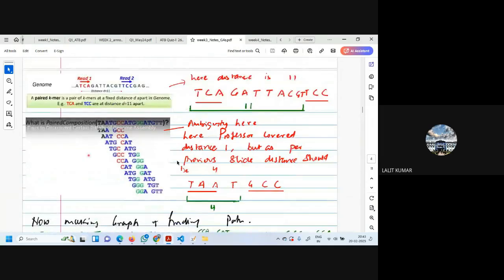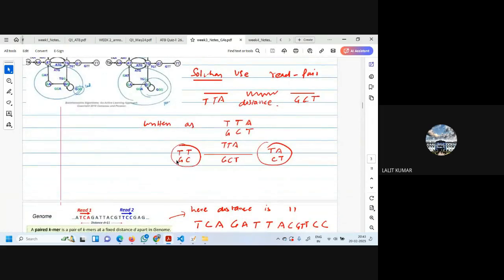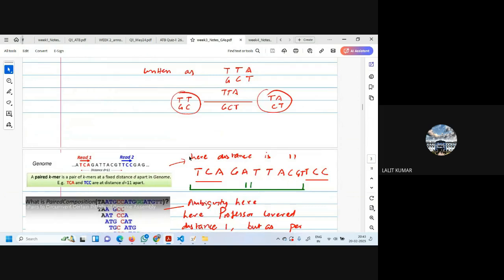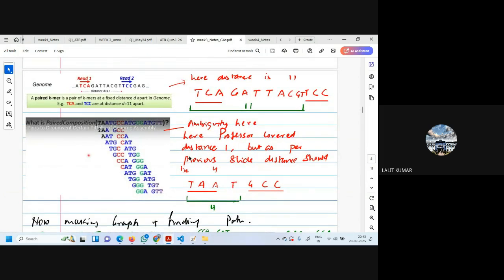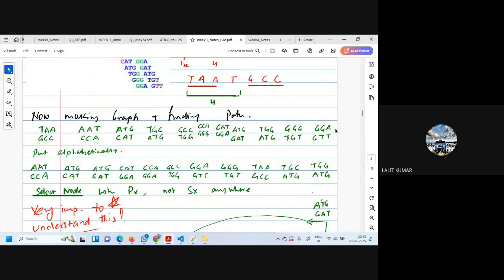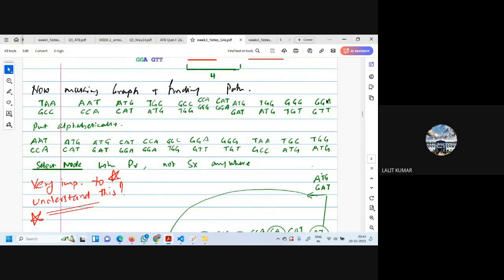So one part we saw: if we see the single read, single pair, it can give you two paths by taking the north and by taking the south. And if we solve the same problem using two pairs, these are the pairs we have got by using d equal to 1, now making the graph and finding the path. The second part is that we put them alphabetically, taking the upper portion.